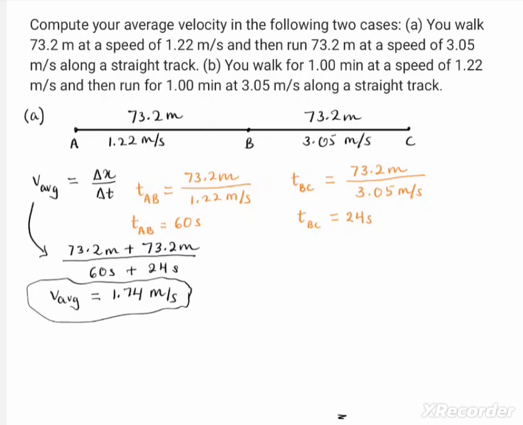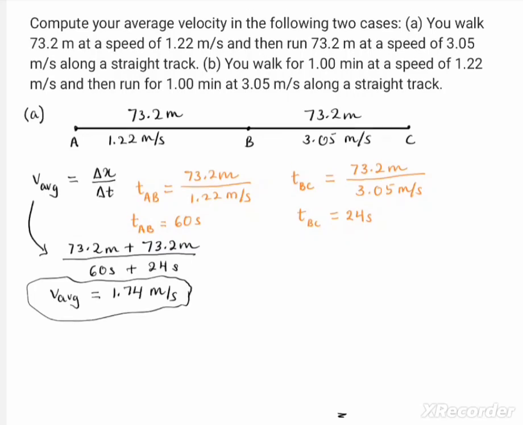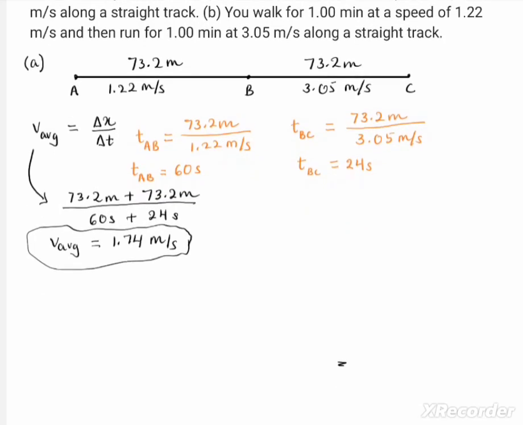The second part is asking a similar question. You walk for 1 minute. So now they are giving you the time, at a speed of 1.22 meters per second, and then run for 1 minute at 3.505 meters per second along a straight track. So let's do part B now.